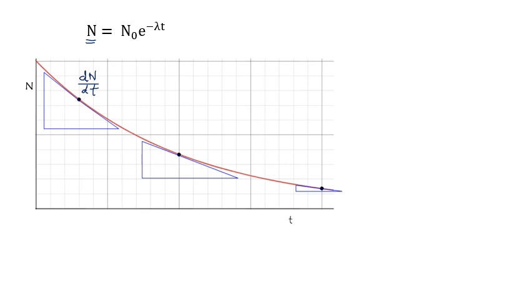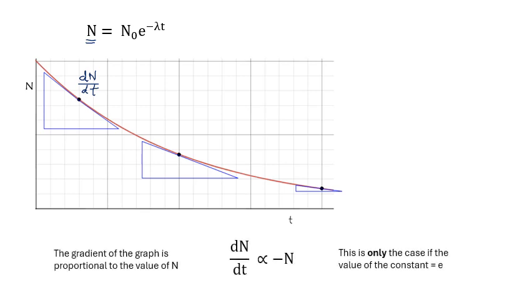Now, what we find is that dN/dt, the gradient, is proportional to N. dN/dt is proportional to, in the case of a decay, minus N, because delta N is negative, because it's getting smaller. So the gradient is proportional to the value of N. And that only happens when the value of the constant is e.